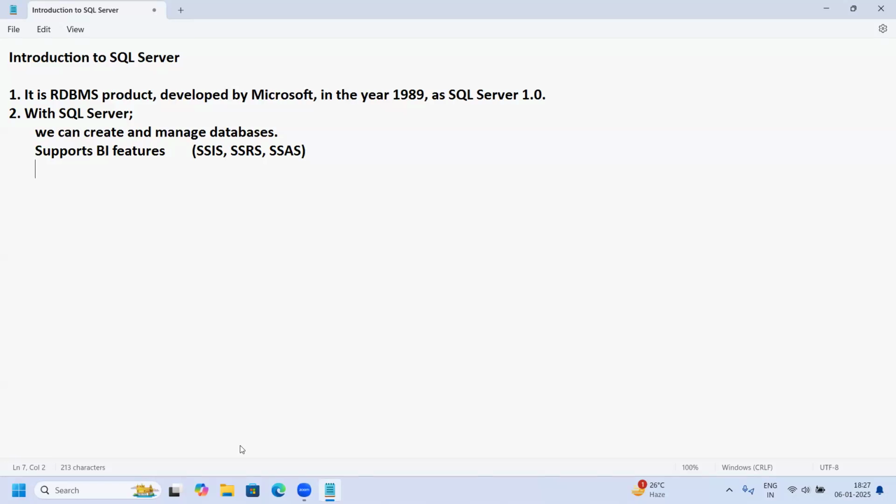This comes under business intelligence. As a developer or administrator, this is not our job. We are not involved in any BI features. That is a separate job profile that comes under data warehousing.